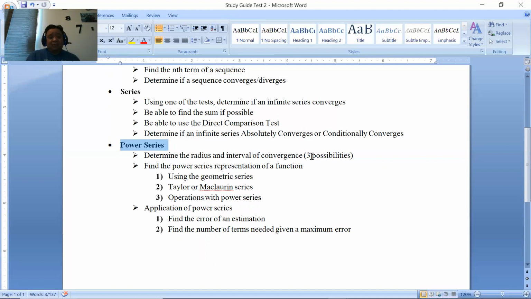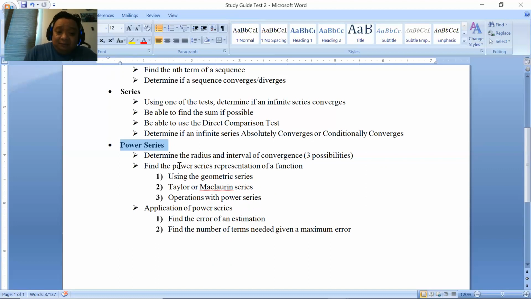So make sure you know how to do all three. Now remember, for the one where it converges on a certain interval, you have to test the endpoints to see if the endpoints are going to be brackets or parentheses as far as your interval is concerned. So you're going to have to plug them back into your power series and see if the resulting infinite series is going to converge or diverge, okay?